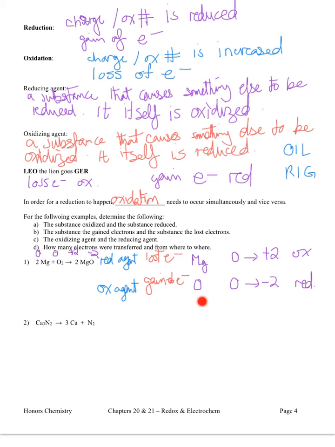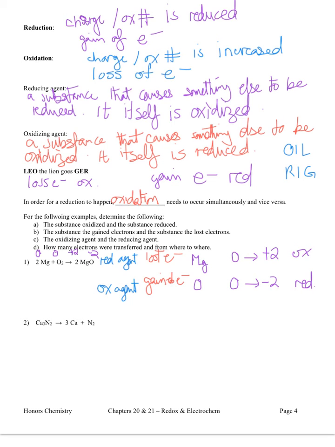Okay, let's look at oxygen. We should get still the same answer. Oxygen went from 0 to -2. It got reduced, it gained electrons. How many electrons did it gain? Well, for oxygen to go from 0 to -2, it must have gained 2 electrons, but there are 2 oxygens here, so 2 times 2 is 4 electrons gained.